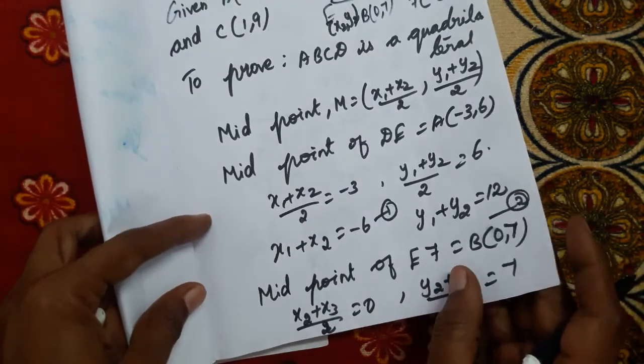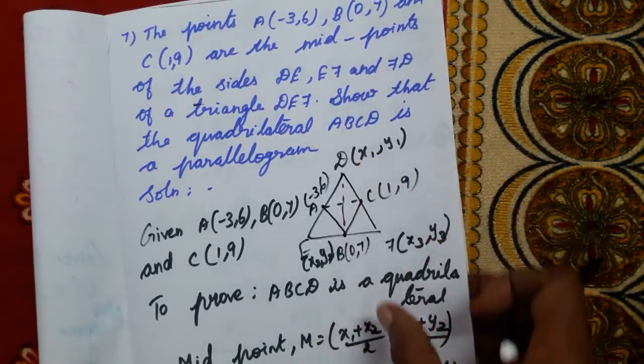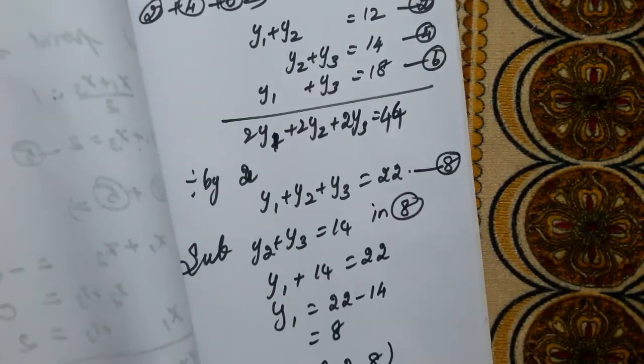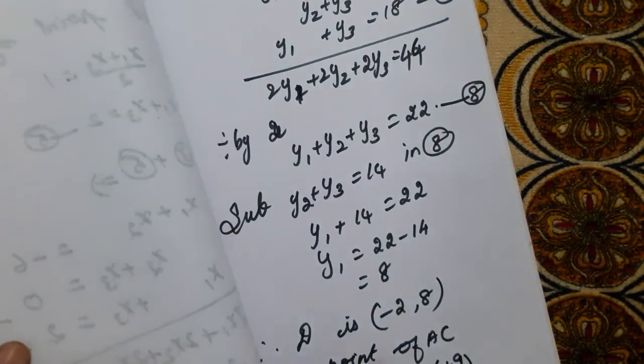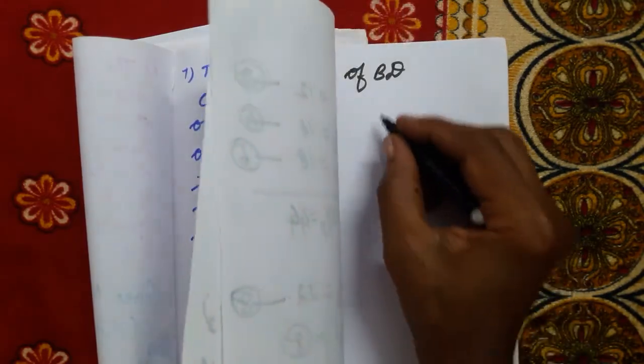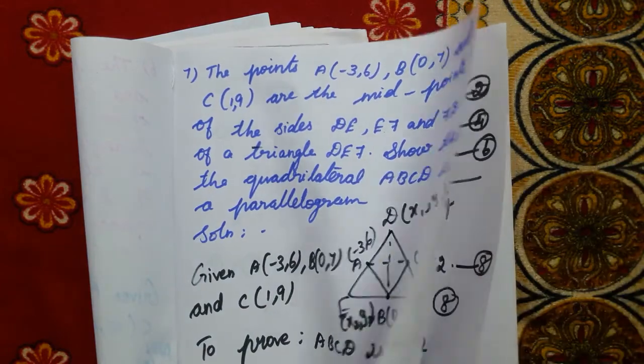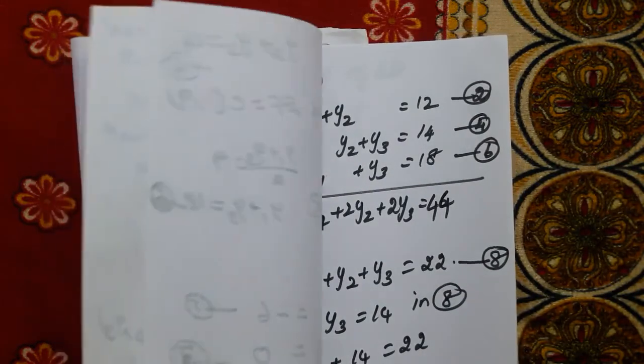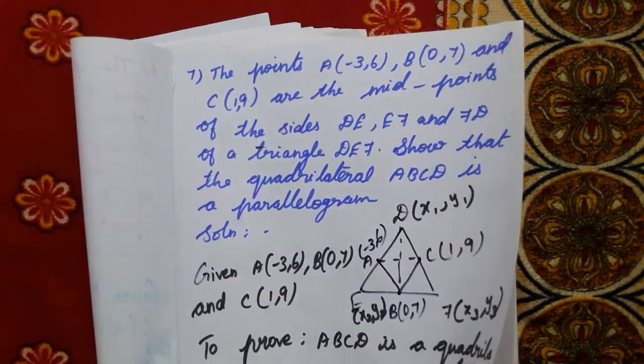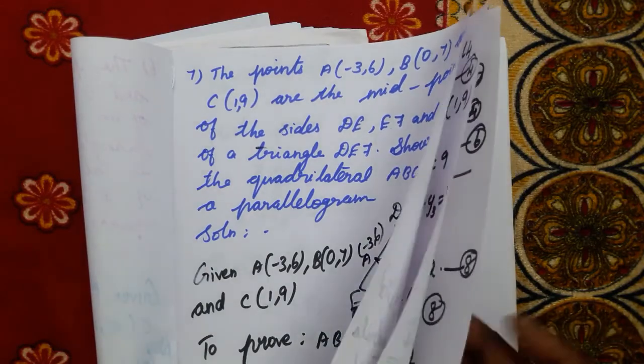Similarly, we have to find the midpoint of BD also. D is (x1, y1), that is (-2, 8), as we have found. Next, B is (0, 7).